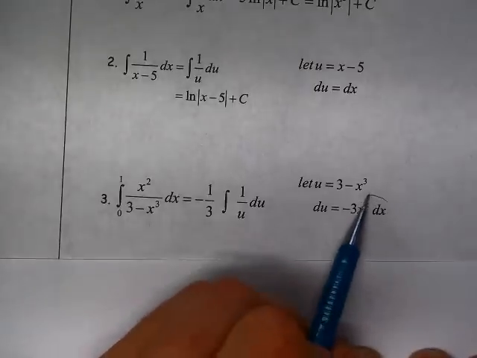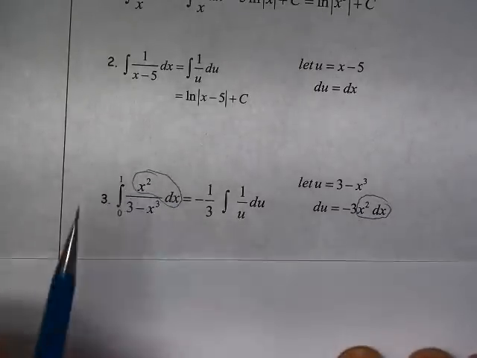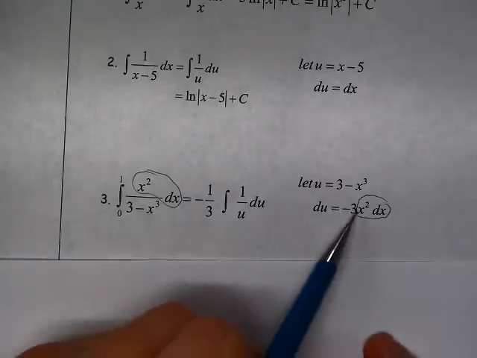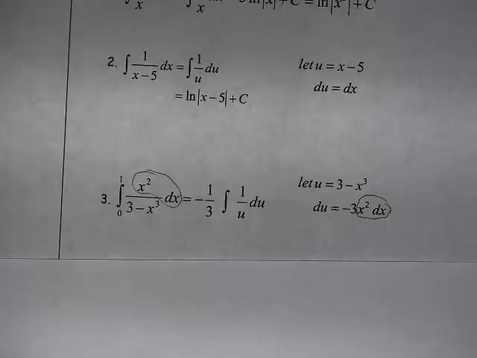So this du does in fact get us our numerator and the dx. It gives us our x squared dx. But it gives us this extra negative 3 that we don't really want, so we're going to offset that with a negative 1/3.